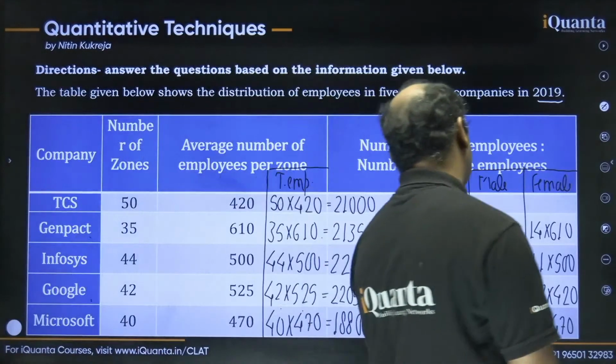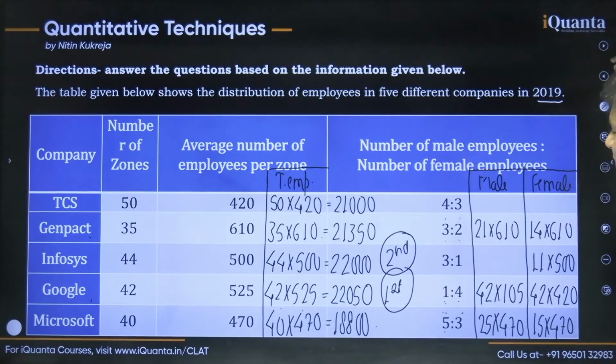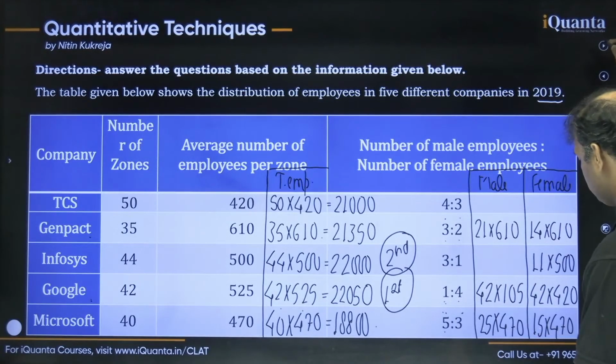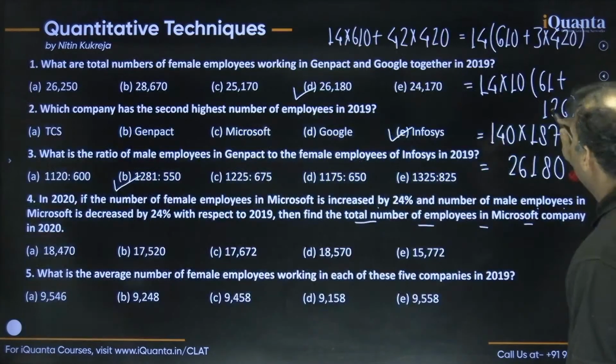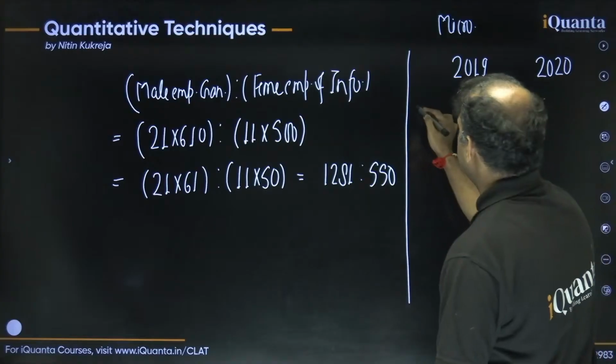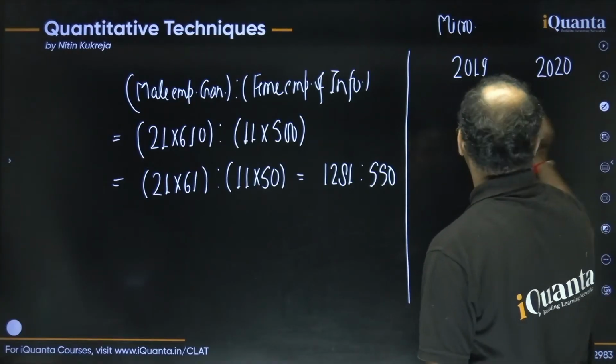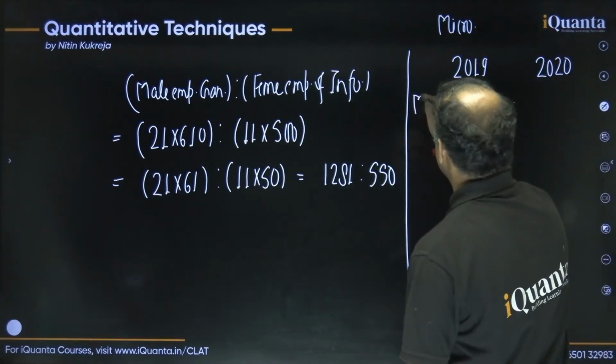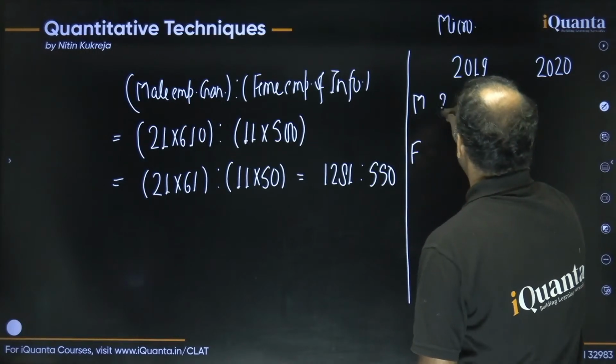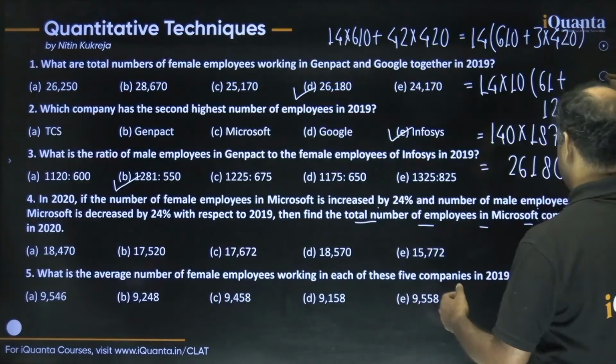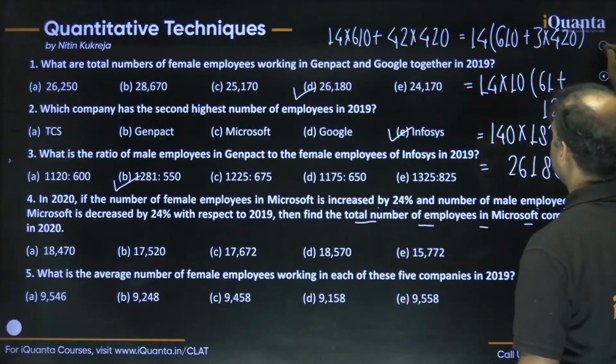Maybe we need to find the exact number as well. I'm not sure, I'm just trying to make things easy. Let's see what will happen now. Let me write males and females. This is male and this is female. The males are 25 into 470 and the females are 15 into 470.